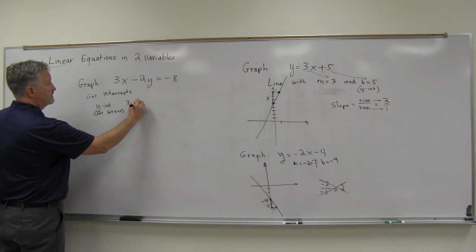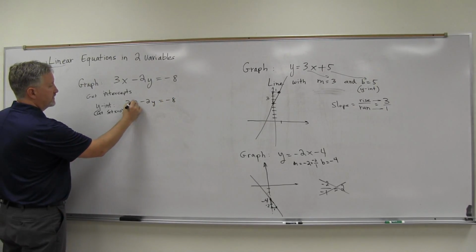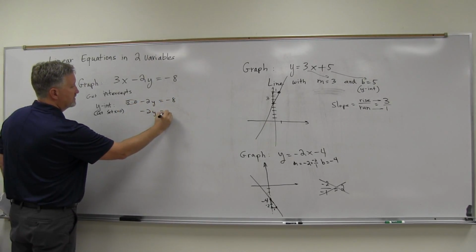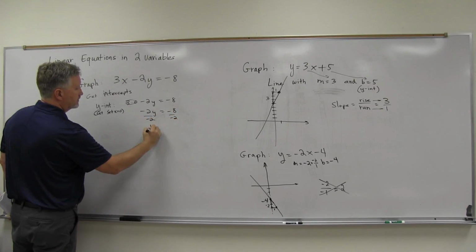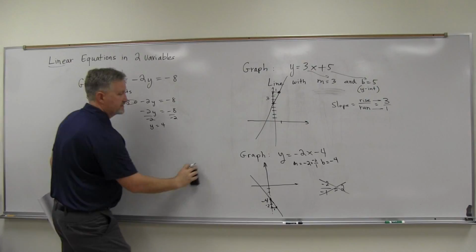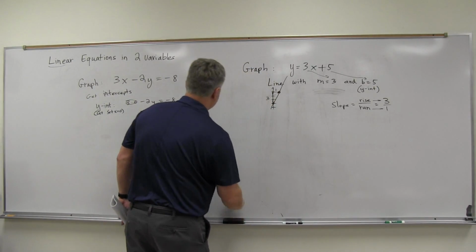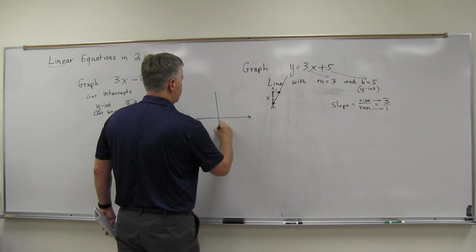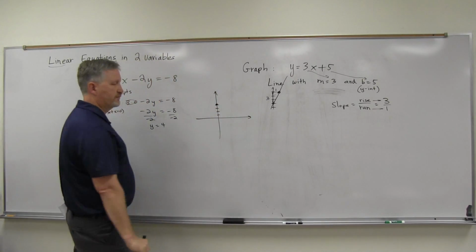And so that's a pretty quick way of getting that point. It's going to be negative 2y equals negative 8, divided by negative 2 is 4. So the y-intercept on this thing is going to be 4, or 0, 4. So it's going to cross the y-axis at 4.